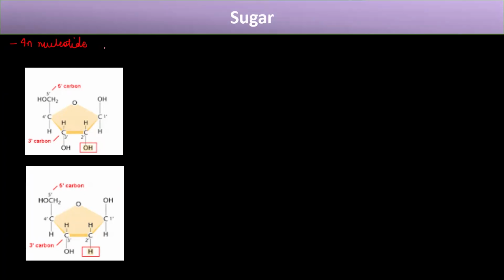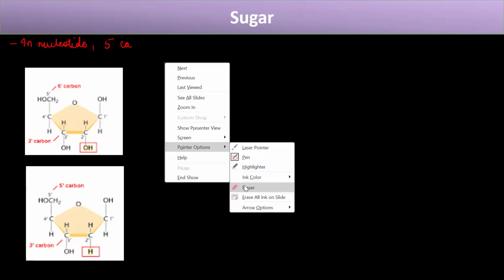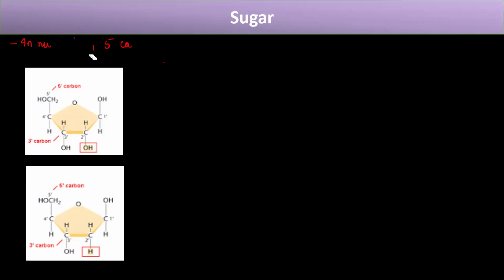So in nucleic acid, a 5-carbon sugar is present. Okay, the sugar that is present is 5-carbon.